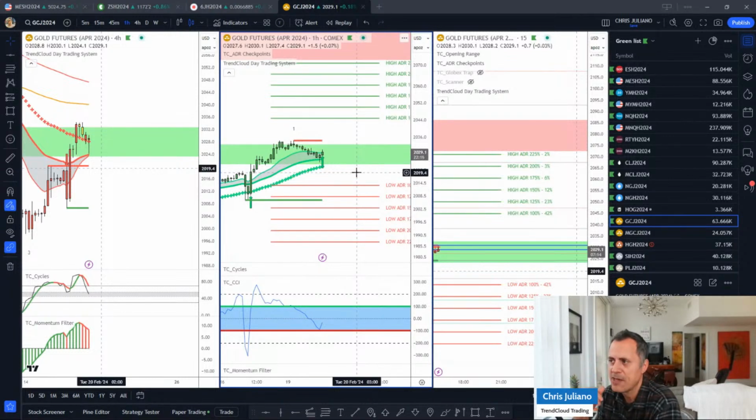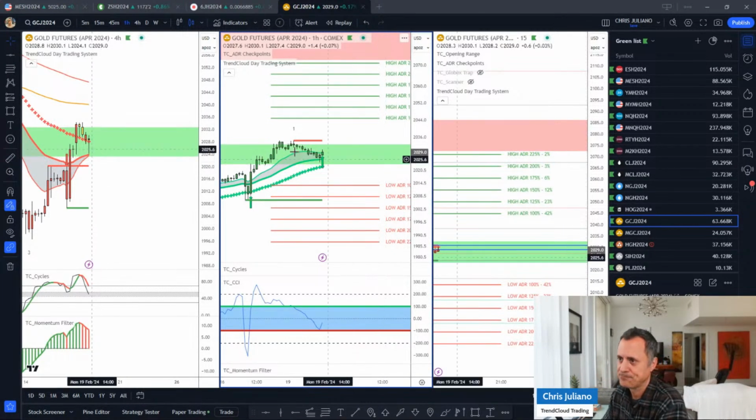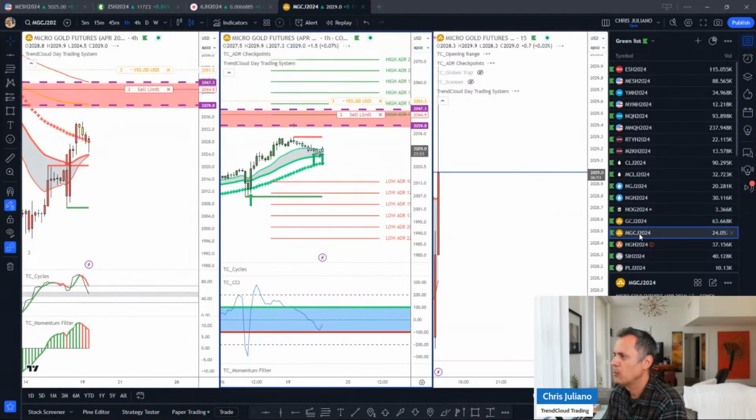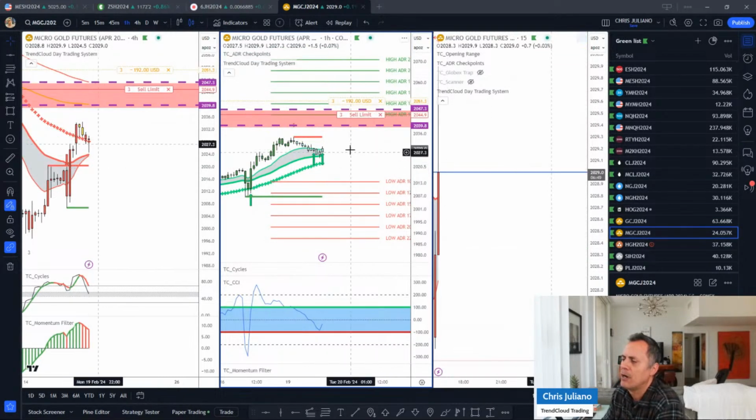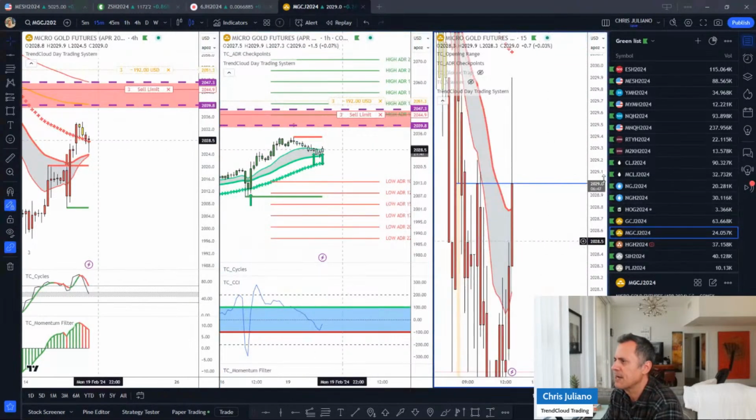Well, in this case, it's actually not, right? Because the full contract of gold has more volume, it could act a little differently than the micro. So the micro is actually extended where the full contract of gold is not. So this trade we can only take on the micro gold account.